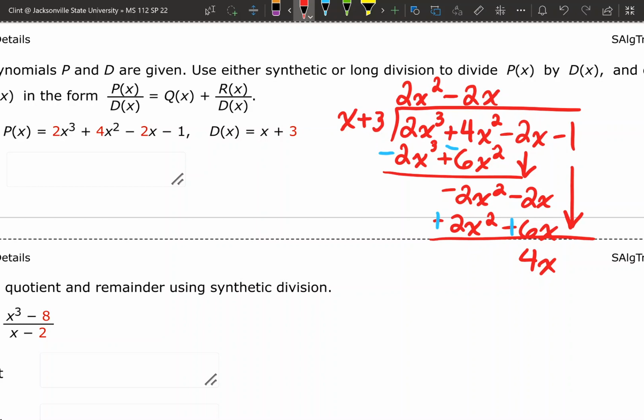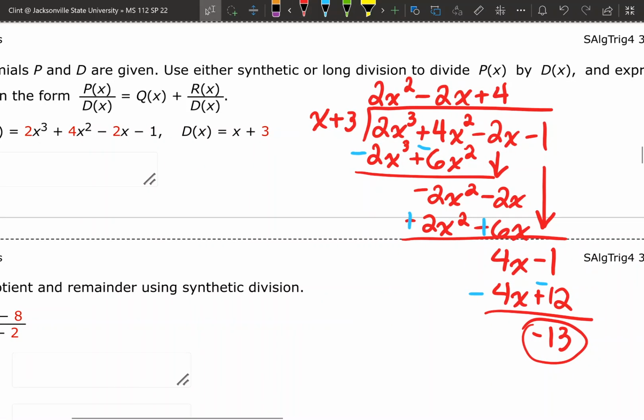Bring down my minus 1. So to get from x to 4x, I got to multiply by positive 4. I'll distribute. 4 times x is 4x. 4 times 3 is 12. Changing my signs. Then negative 1 minus 12 is negative 13 is my remainder.